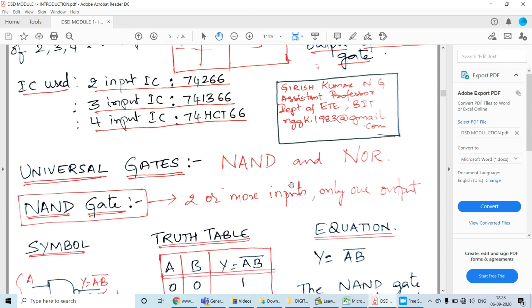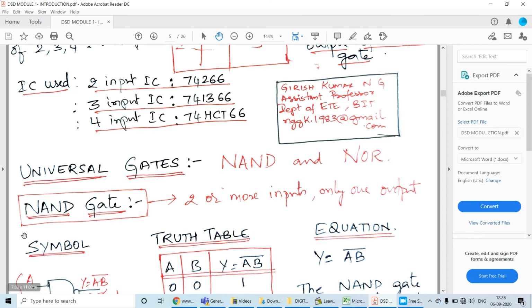By using only NAND gates, we can realize any other basic logic gates that we come across. Similarly, by using NOR gates, we can realize any other basic gates. That is the reason NAND and NOR are called universal gates.